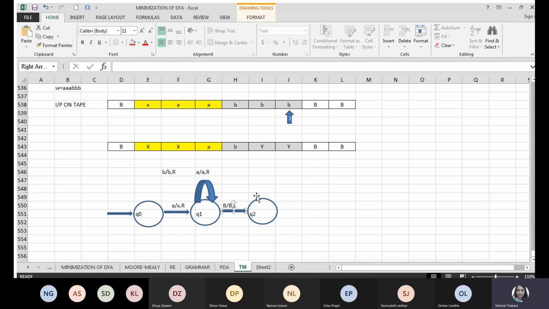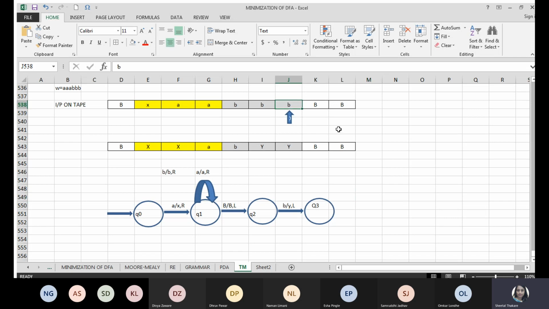What you are supposed to do with this B? Convert this B to Y. So suppose this is Q3. If it is B, convert it to Y, move to leftmost end now.